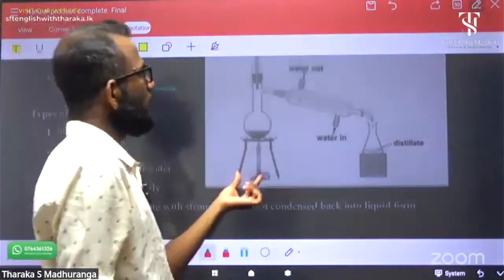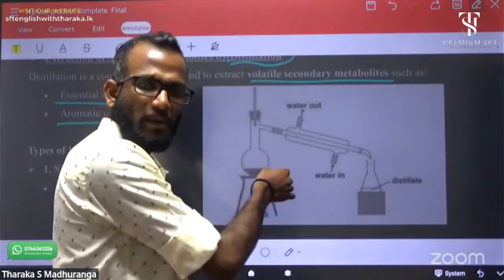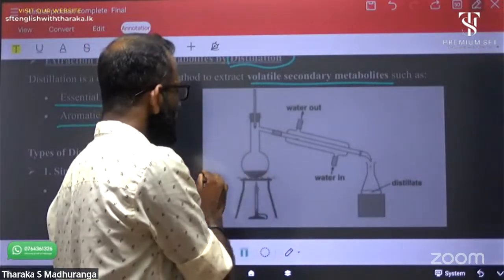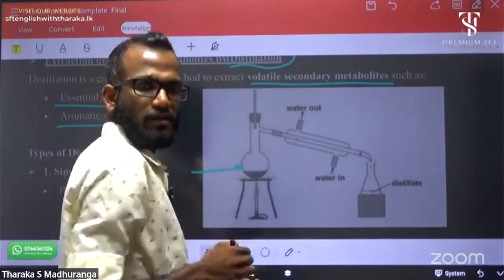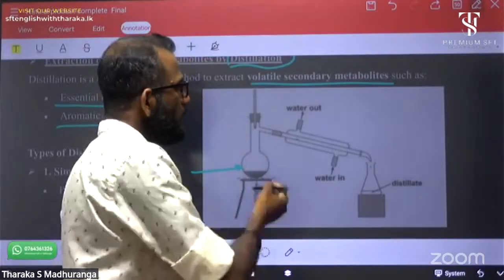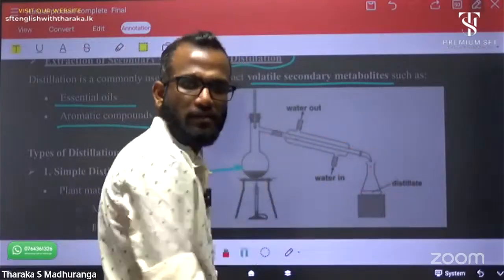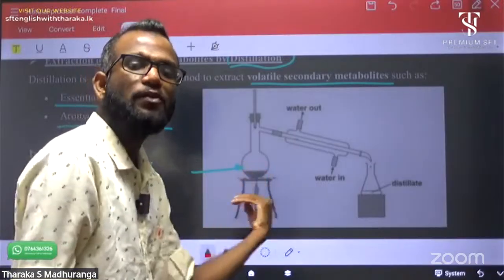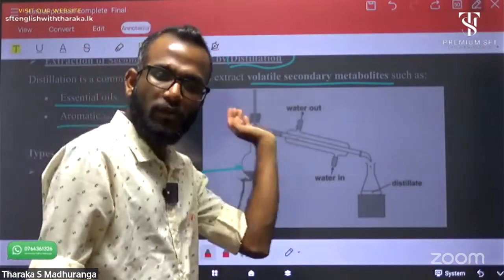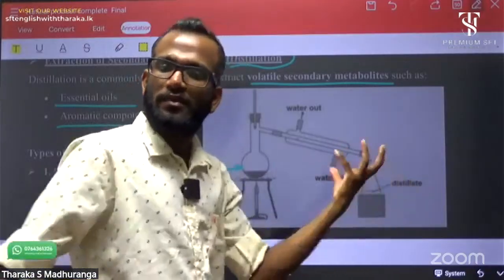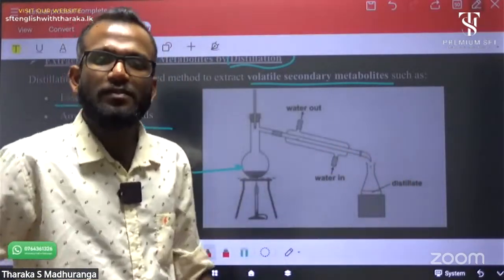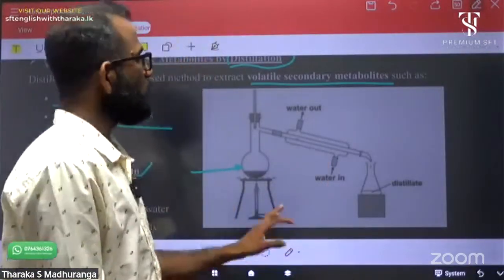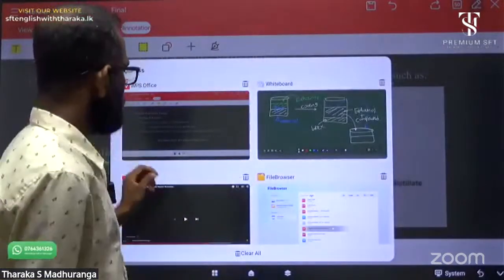This is a simple distillation setup. The plant material and solvent are both contained in one flask, which is connected to a condenser and heated. In the heating process, the solvent evaporates, goes through the condenser, and is collected in a container. That's simple distillation, a very simple process.